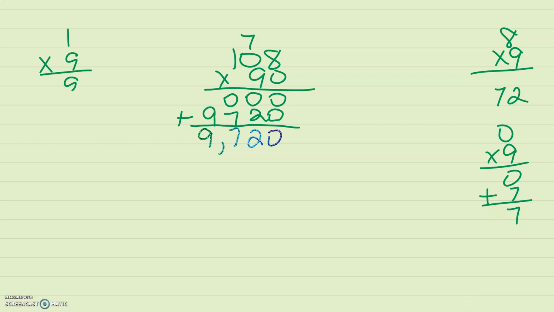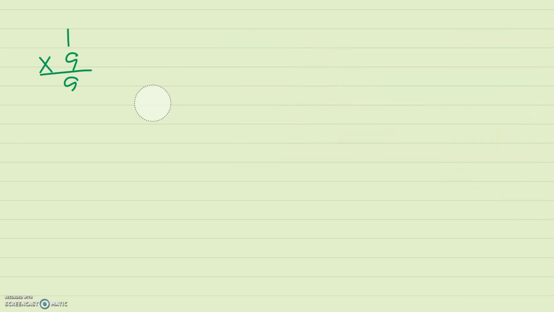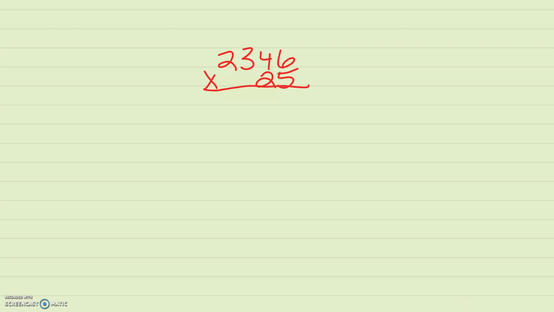All right, one last example. All right, our last example is going to be 2,346 times 25. 6 times 5 is 30.